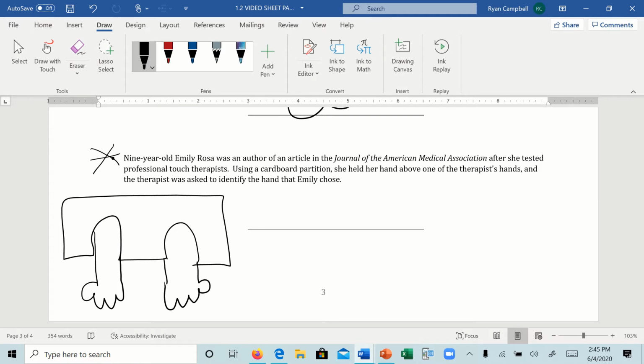They would have their hands out here, and Emily Rosa would choose whether she was going to put her hand over the right hand or the left hand. And they were supposed to feel the energy and determine which hand Emily's was over. So, this is what's happening.